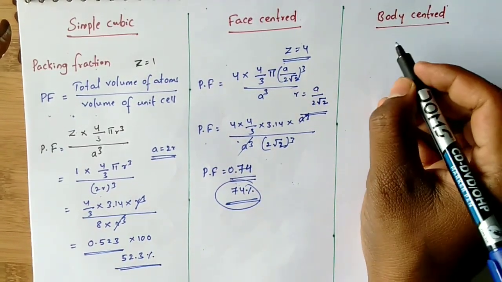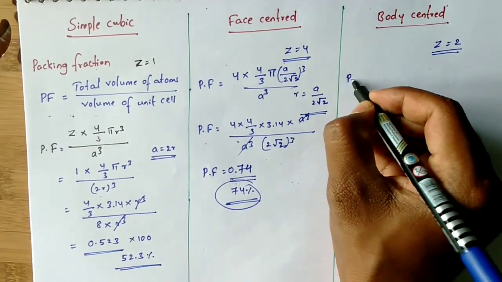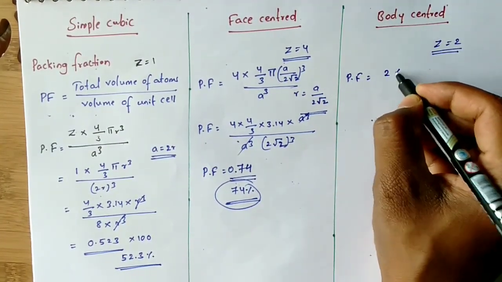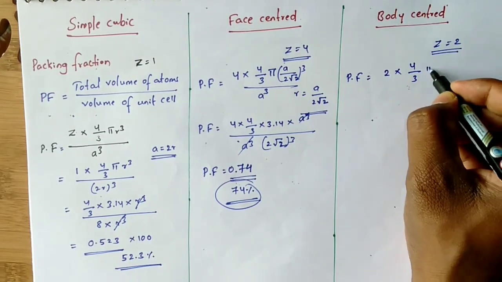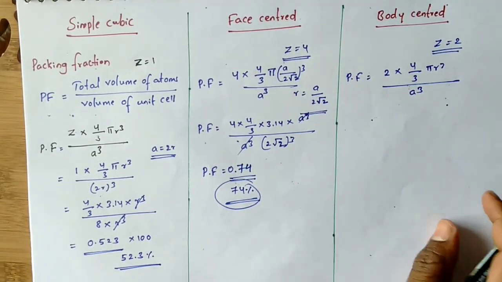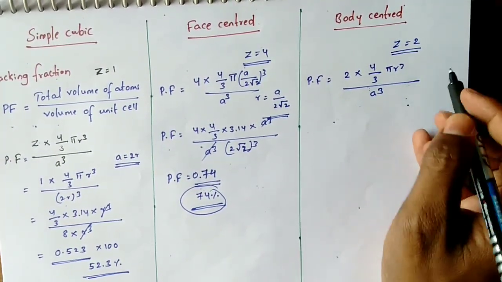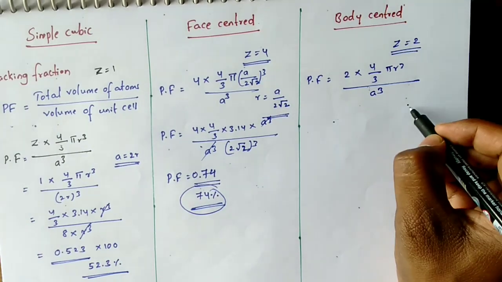In body centered, what is the rank here? Z equal to 2. So packing fraction equal to 2 into 4 by 3 pi r cube by a cube. This is the formula. What is the relation between radius and edge length in body centered?